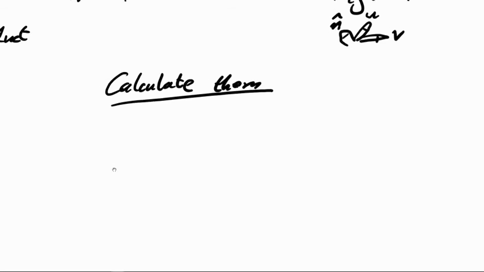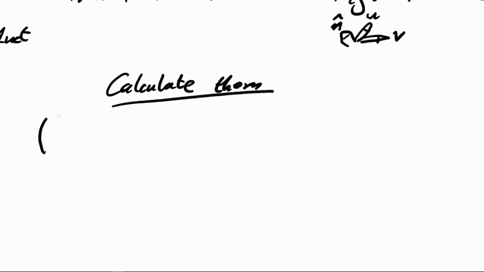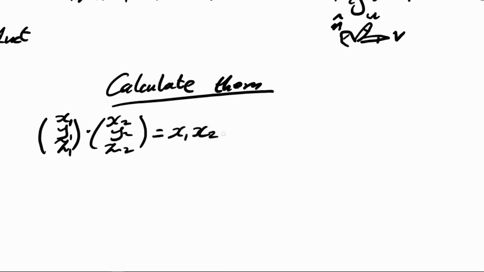There's a really easy, simple way to calculate both of them. So, if I write out the vectors in column form again, we'll have x1, y1, z1, dot x2, y2, z2. This is going to equal x1 times x2 plus y1 times y2 plus z1 times z2. So we multiply across and then add everything up.